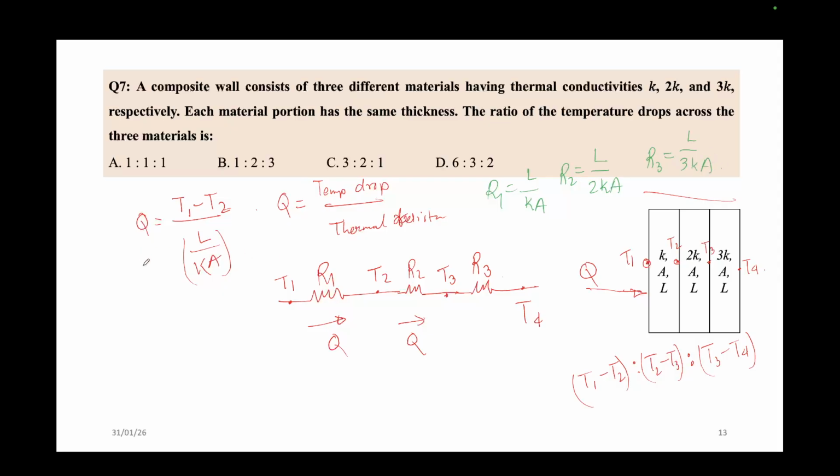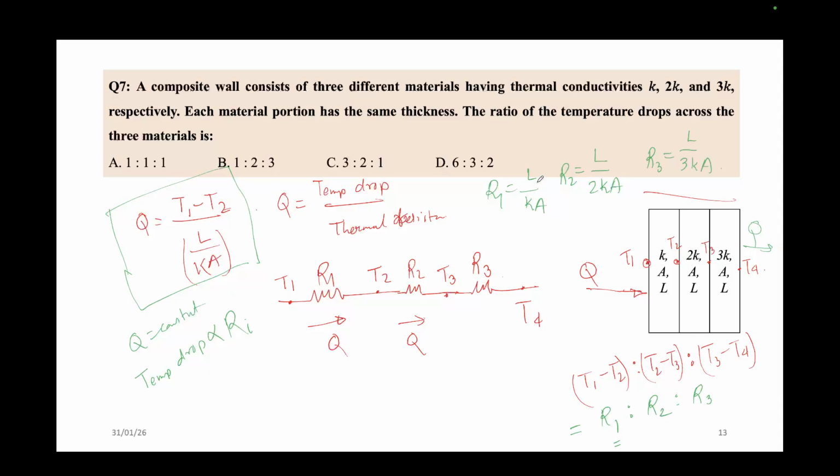Okay. So now in this equation, you see here as the heat is flowing from here to here, the same Q is flowing. That means Q is constant. So if Q is constant, that means temperature drop is proportional to R. So I can write temperature drop is proportional to R1. Can I write or no?